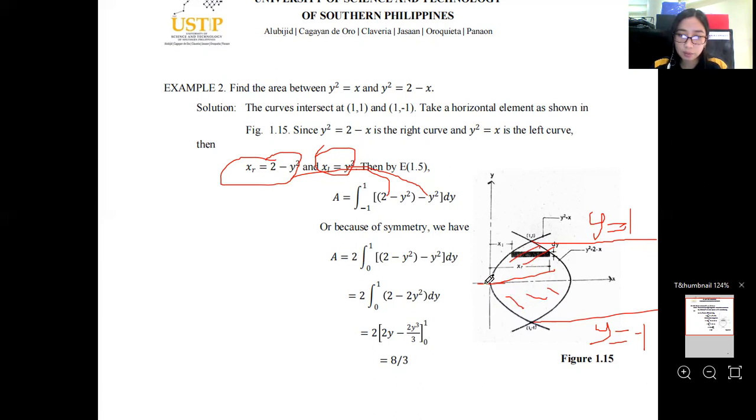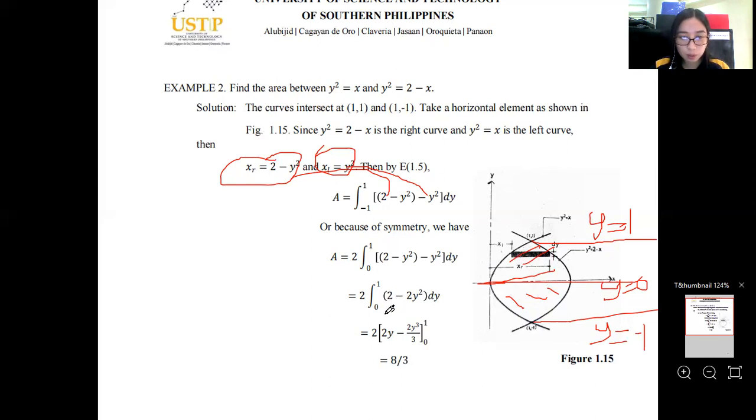The area from y equal to 0 to y equal to 1. So area is equal to 2 times the area of this upper region: 2 minus y squared minus y squared times delta y, or the change in y, from 0 to 1.